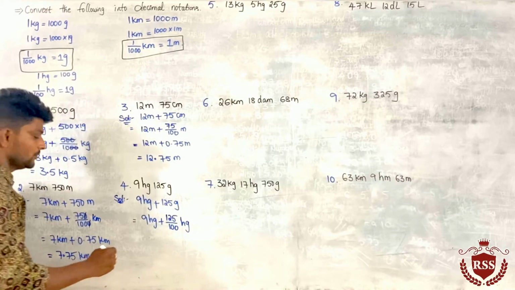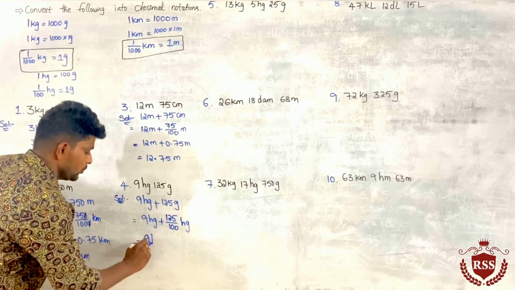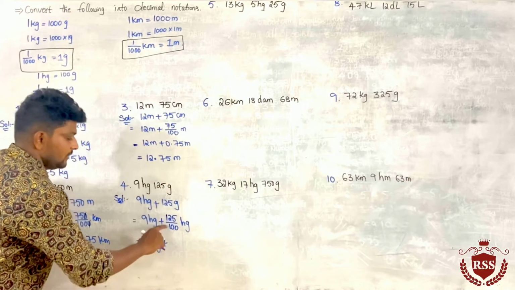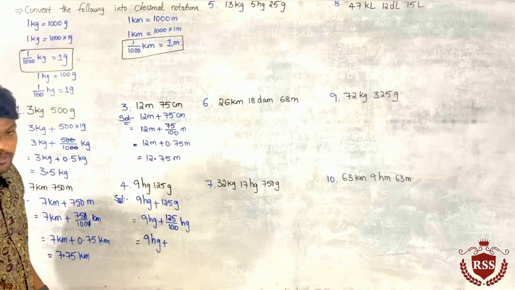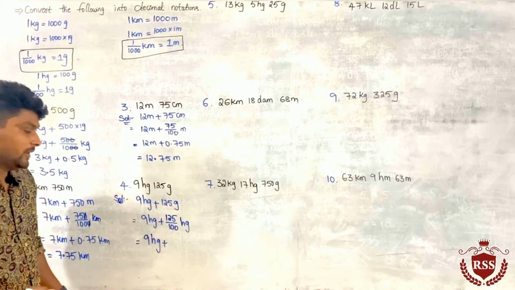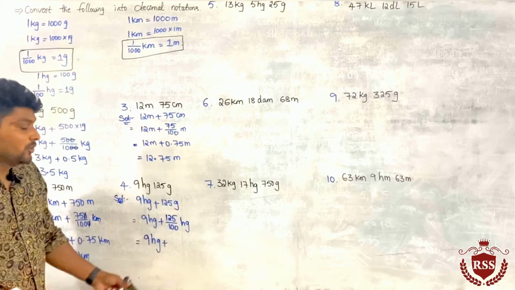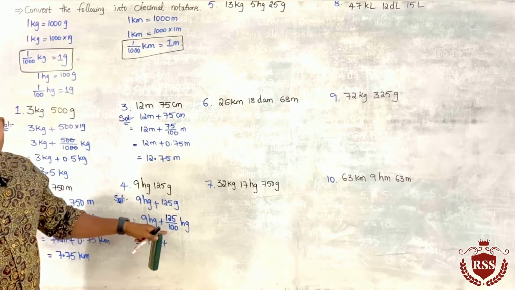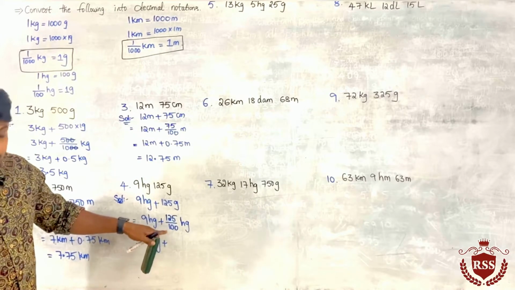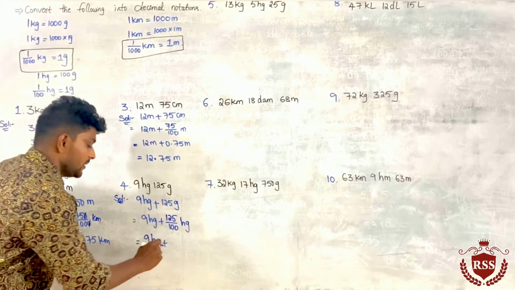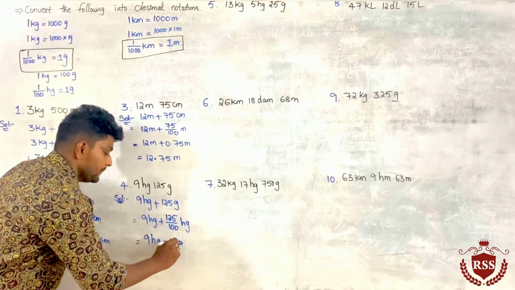Clear? So 9 hectograms plus 125 by 100, what is it? It will be 1.25, with 2 digits after the decimal. We have already learned this in decimals. So 125 by 100 means 1.25 hectograms.